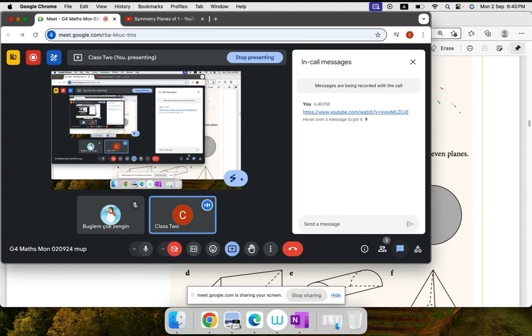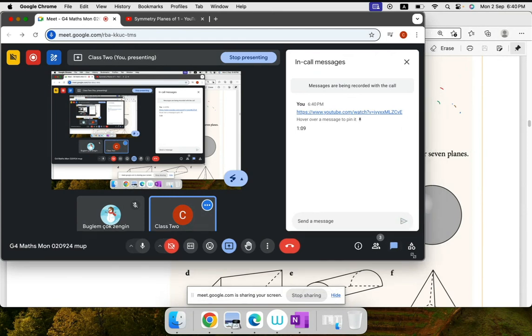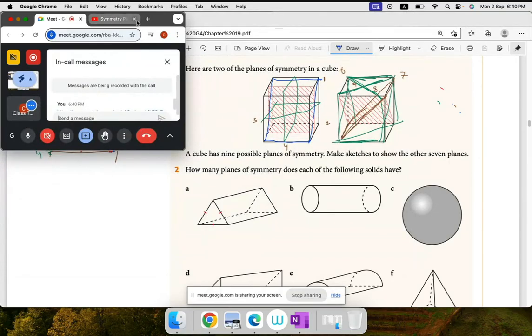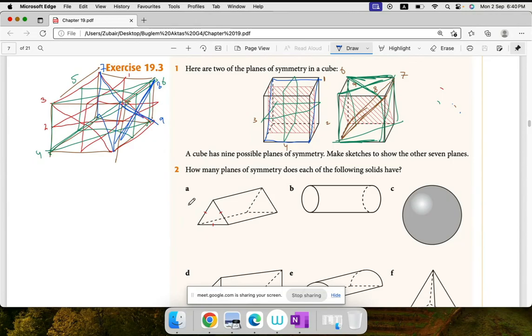And save this link. Right, 1 minute and 9 seconds. It's showing all the nine faces. Okay, I got it and I paused it at that time.